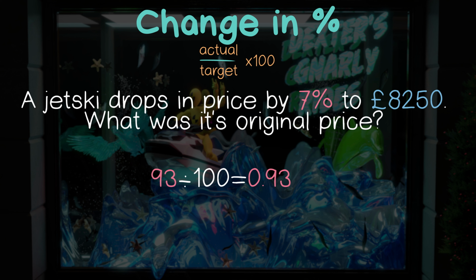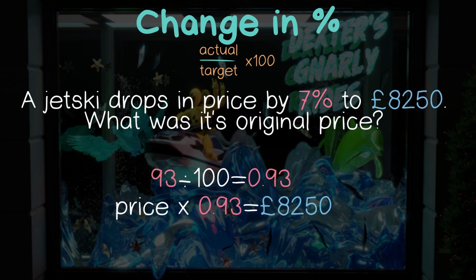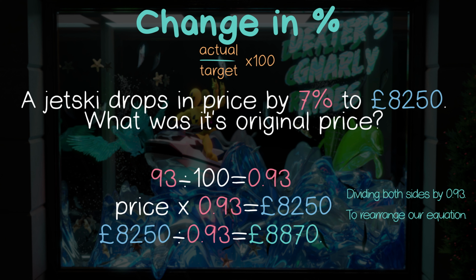So 93% divided by 100 is 0.93, and now we have our multiplier. So what we now know is that the value we're trying to find multiplied by 0.93 is 8,250. So if we rearrange our original equation, dividing 8,250 by 0.93, we can find our answer, £8,870.97.